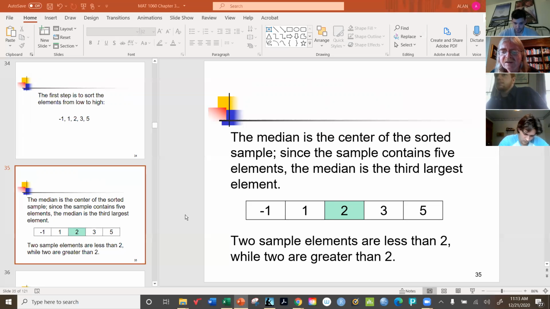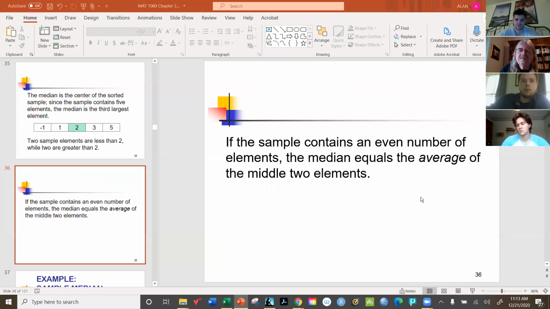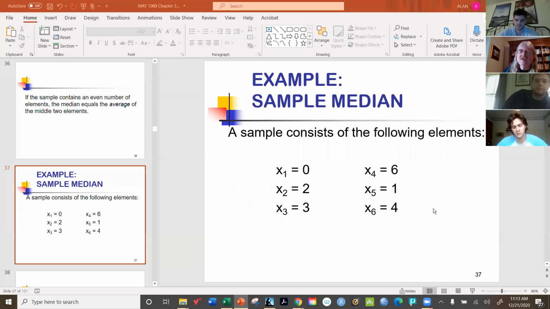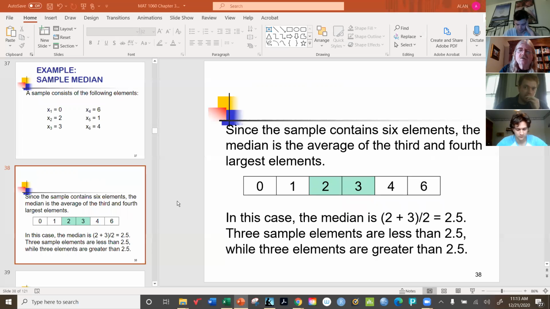Now there's just one problem here. This works great when we have an odd number of values in our sample. But what if we don't? For example, if we have an even number of elements like this one. Okay, so we'll take the numbers and of course sort them from low to high. That gives us 0, 1, 2, 3, 4, and 6. Now there is no value right smack in the middle.